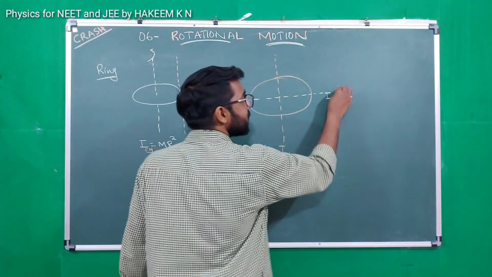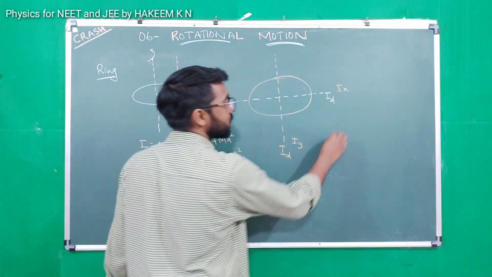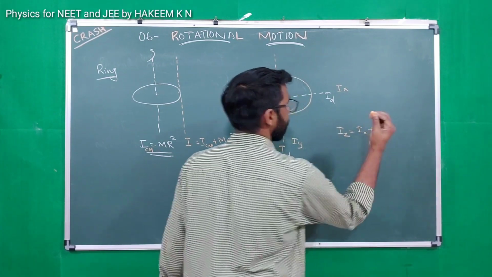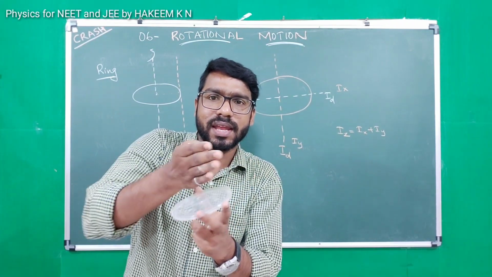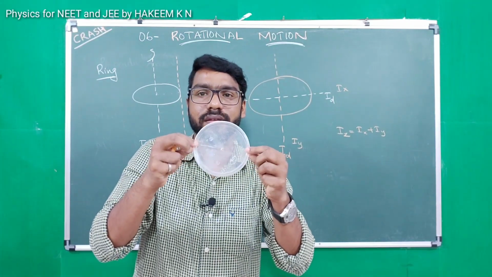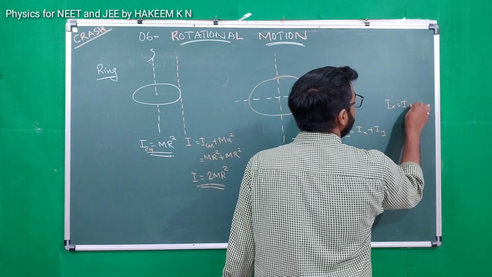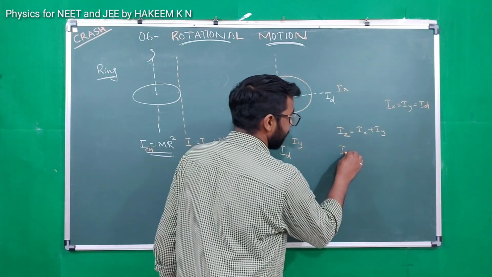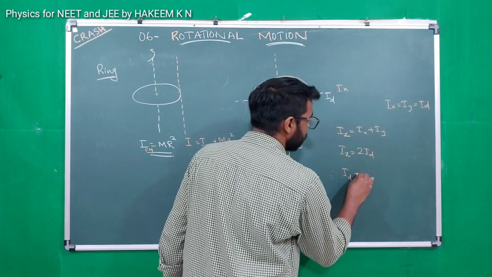So we can take this as IX and this as IY. We just studied that IZ equals IX plus IY. And for a ring, IX and IY are identical. Both are the same for a ring. So IX equals IY equals, we can say, ID. So IZ equals 2ID.